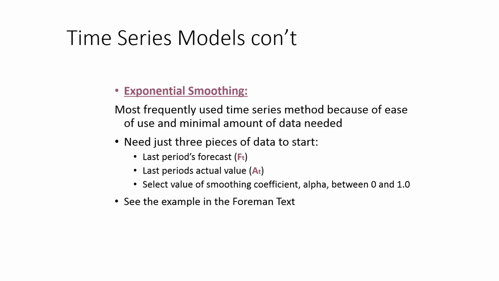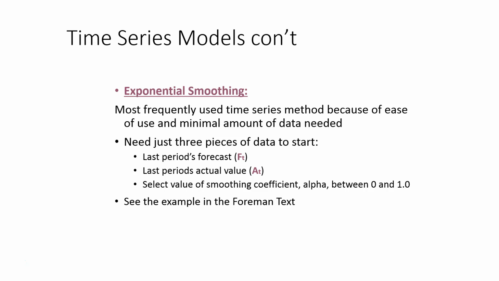The one that Foreman talks about in his very first example is exponential smoothing. Exponential smoothing is a little more involved, but it allows us to look at the performance and at our projection, look at the difference between our performance and our projection, and calculate that and use some sort of alpha value to determine what our next projections should be.